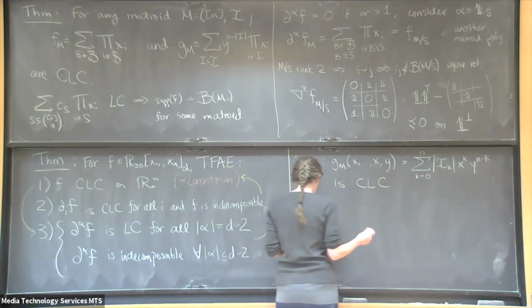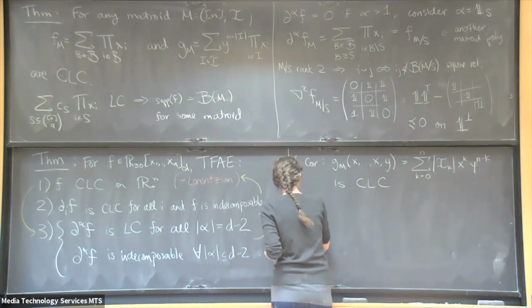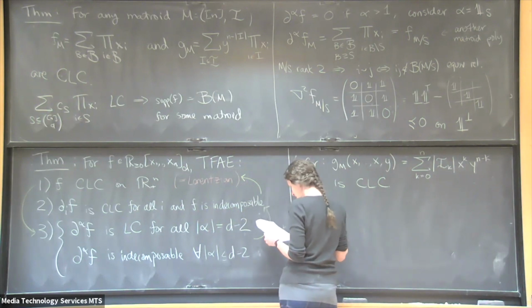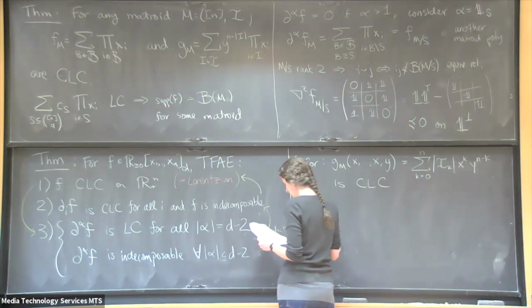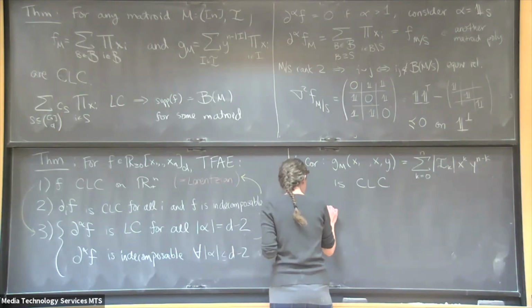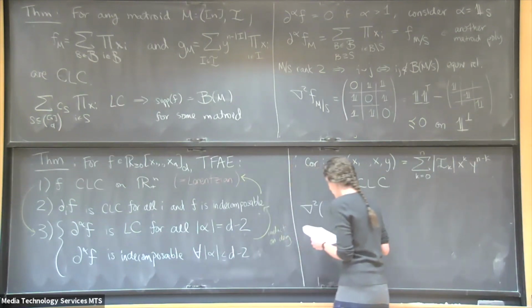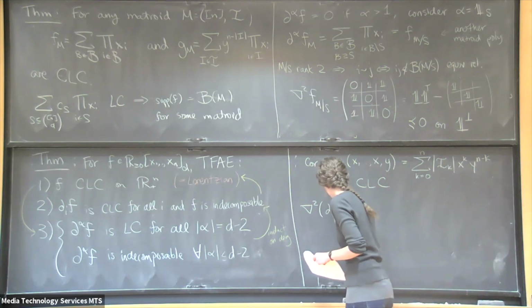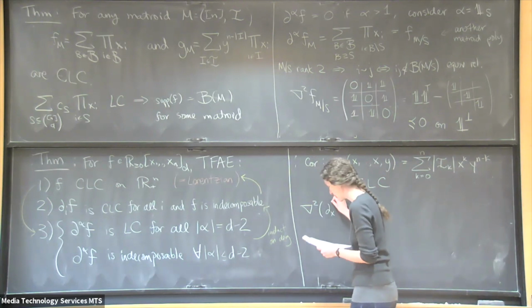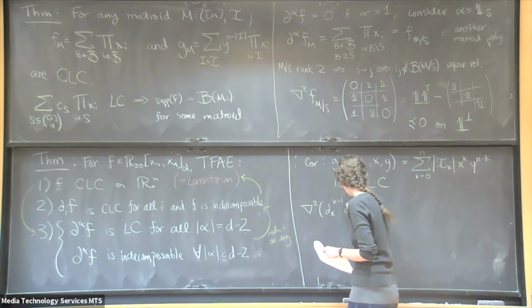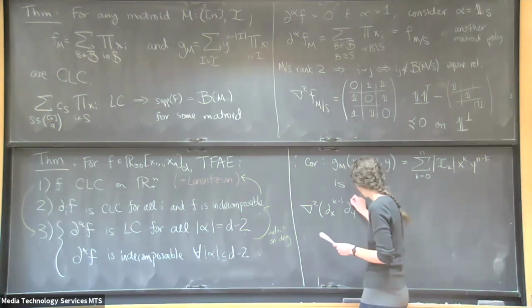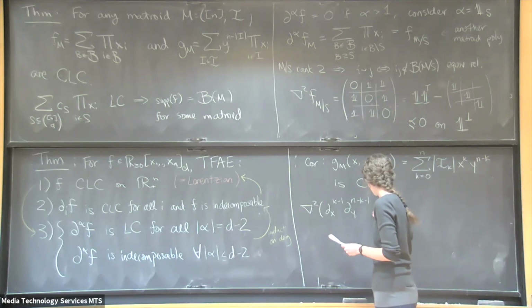And so if you actually work it out, you can get interesting inequalities using this. In particular, I'm allowed to take the derivative with respect to x, say k minus 1 times, and the derivative with respect to y, n minus k minus 1 times.